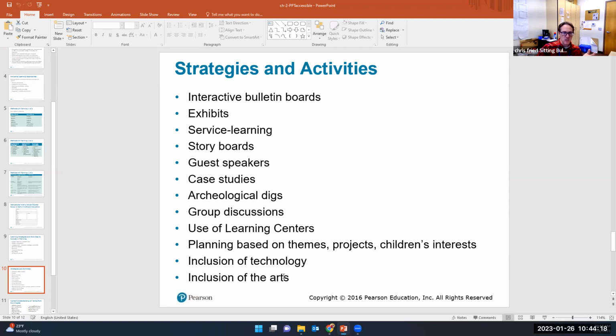And then arts in connection with social studies is also a great way to go about connecting students to different ways of learning and understanding.